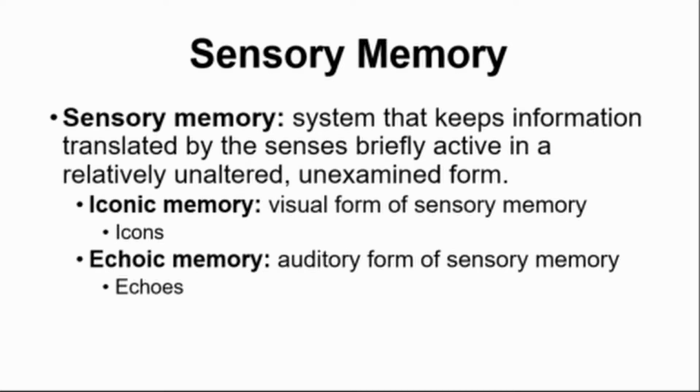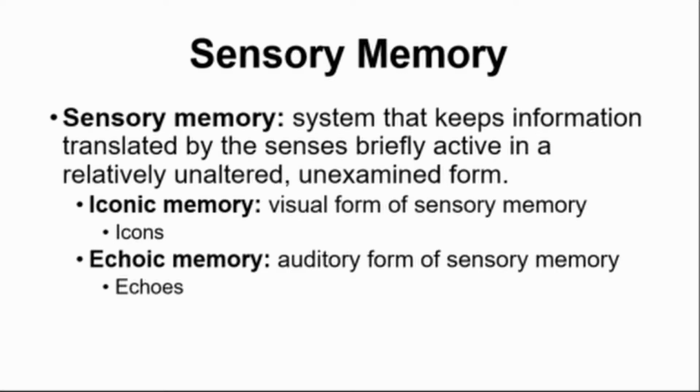And so the first thing we want to look at in terms of encoding is our sensory memory. So sensory memory is the system that keeps information translated by our senses in a briefly active form, it keeps it briefly active in an unaltered form.